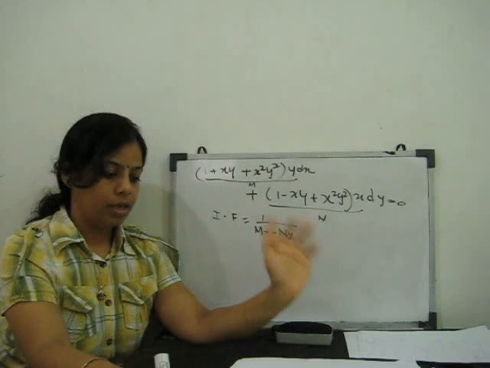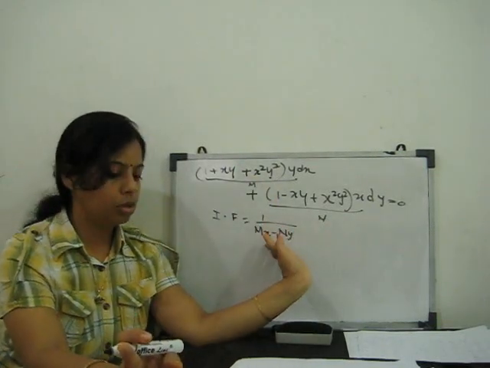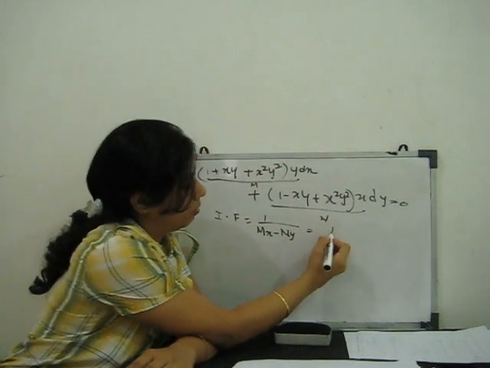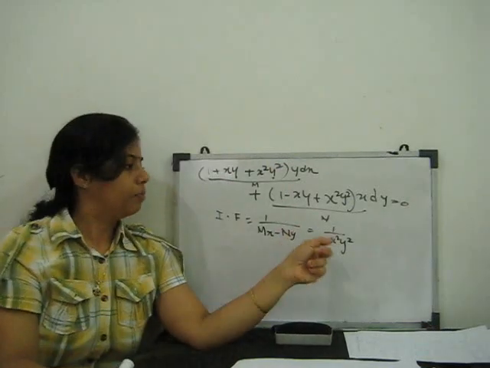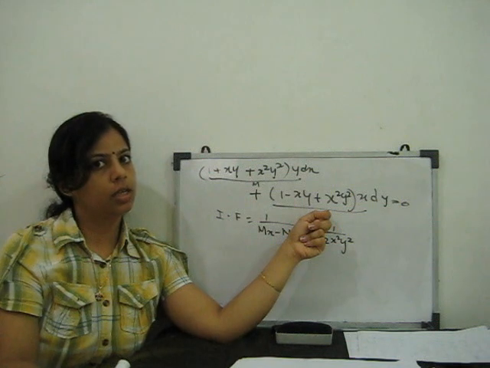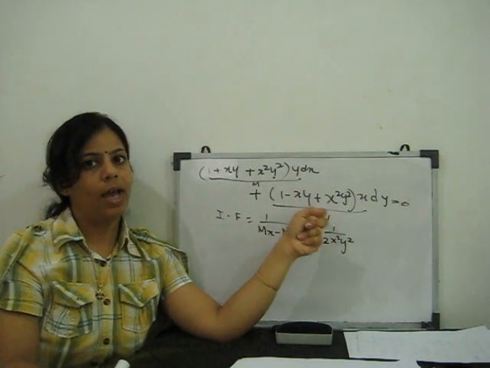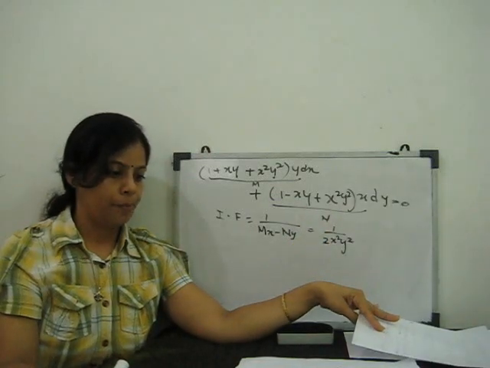In this question the integrating factor comes out as 1 upon 2x²y². We multiply this with the equation, it converts into exact, and we can apply the solution of the exact equation.